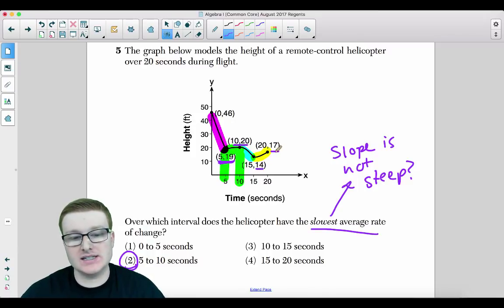Then it's going from 14 to 17 over here. That's a jump of 3. Then it's going from 20 to 14. That's a jump of -6. Then from 46 to 19, that is a jump of, oh god, I can't do simple math. 46 minus 19, why can't I think of it? 27, oh, sorry, -27. Duh. So, clearly that's not steep at all. So your answer is going to be choice 2.